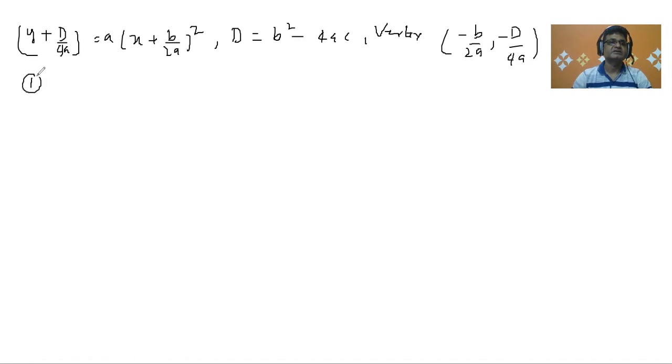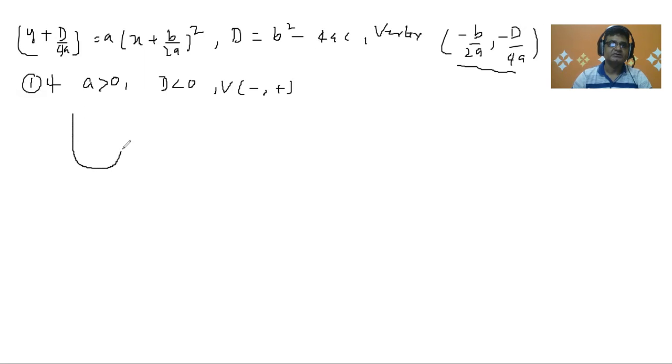So we are discussing the first case, if a is greater than 0 and d is less than 0. What will happen to the vertex, that we have to discuss. When a is greater than 0, this will become negative. So the vertex's first part is negative, and here since d is less than 0, this is going to be positive. Since a is greater than 0, it is an upward parabola, and in an upward parabola, the vertex is the lowest point.